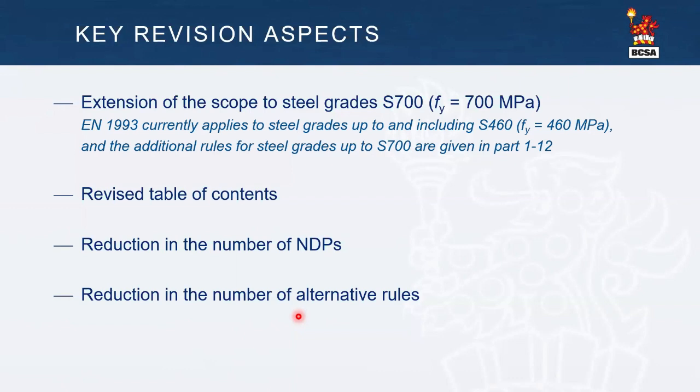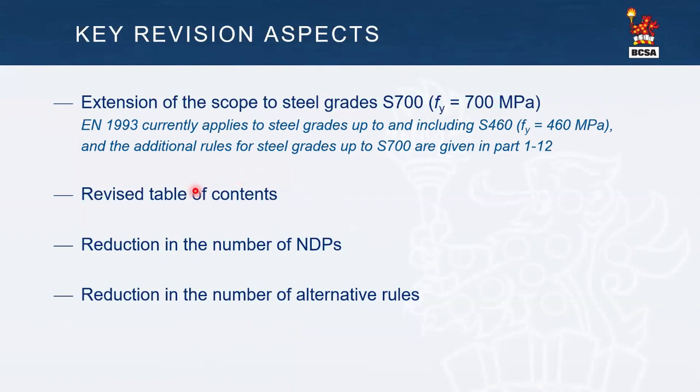Now, remember that in the current first generation, the limit was S460, and then you would have part 1.12 that would give additional rules for steel grades up to S700. There is a new part which is still under development, a new part 1.12 for the second generation, which will now give additional rules for steel grades up to S960, so a yield strength of 960 megapascal.